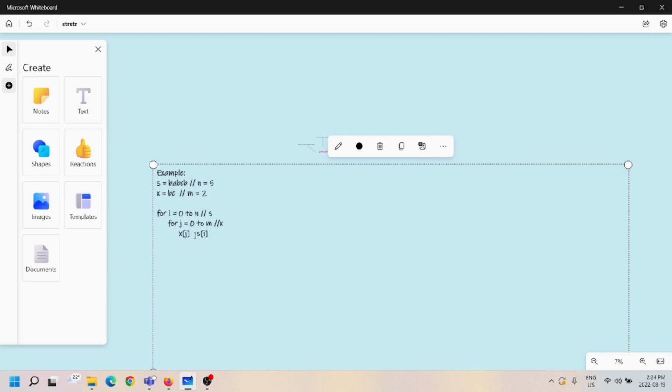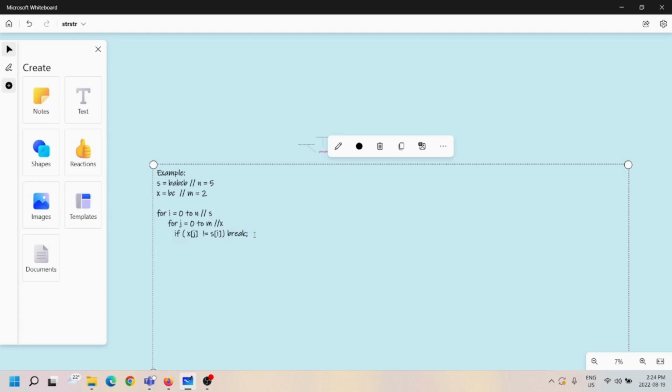So if at any point of time the characters of x and s are not matching while iterating, then there is no point in further iteration of the substring. We can simply return from here. So we can say break. So this break will help us to come out from this for loop, and i will keep on incrementing till n.